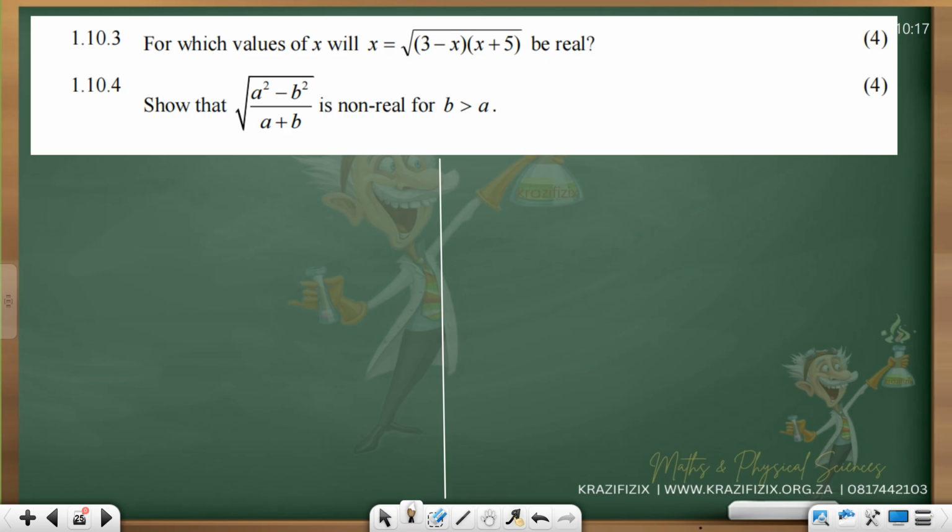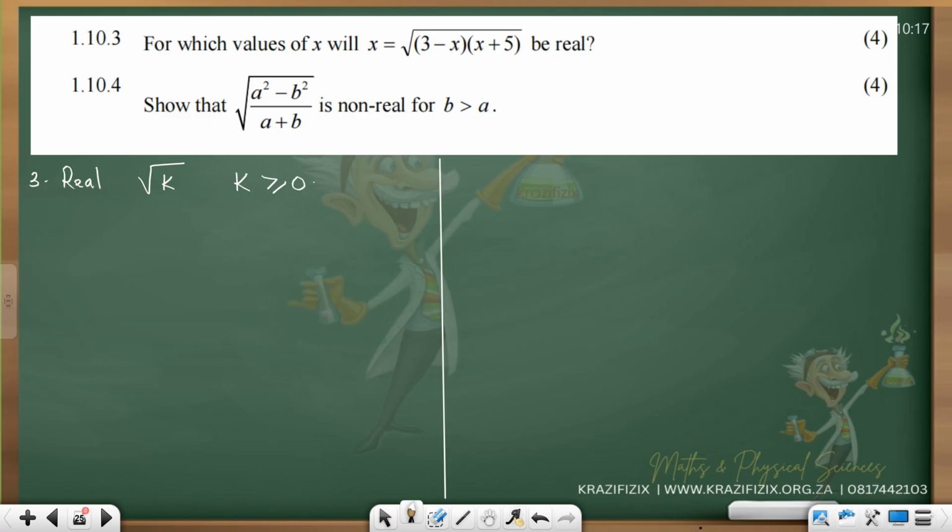But this one is quite tricky because there are x on both sides. But for something to be real, basically, number 3, whatever is underneath the square root must be greater than or equal to 0. That's what we're saying. Because we cannot find the square root of a negative number, right?